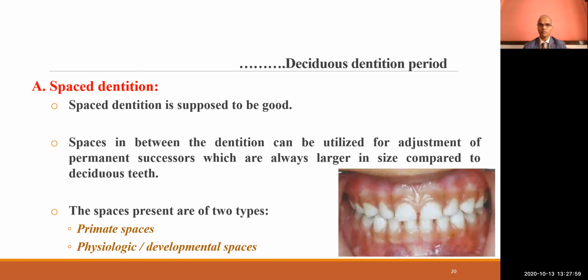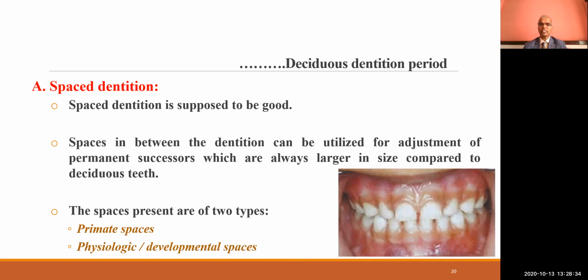A spaced deciduous dentition is supposed to be a good sign for the development of normal occlusion, because the spaces between the teeth can be utilized for the adjustment of the eruption of permanent successors. The mesiodistal width of the erupting incisors is more compared to the deciduous dentition, so these spaces are utilized for the adjustment of the erupting permanent teeth.